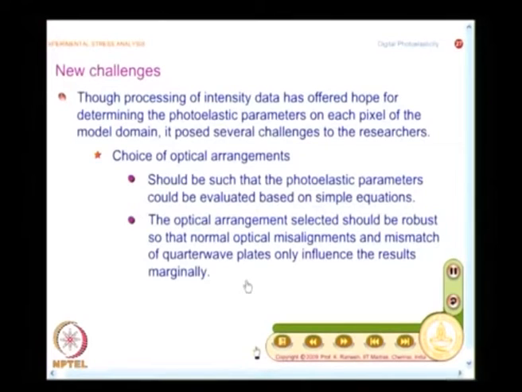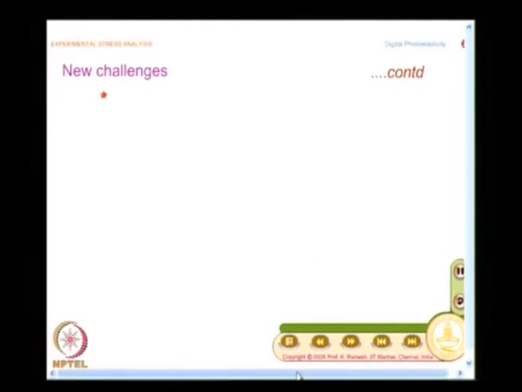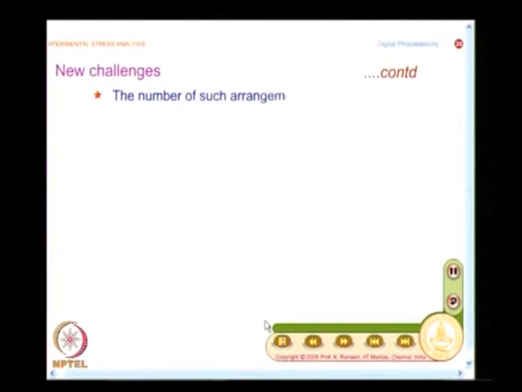The technique has matured. Initially, people looked in all directions to find out what optical arrangement they would have to choose, and they were unconventional. So, they had to develop even new polariscopes which employ this philosophy. Now, what you have here are methods which use a conventional polariscope also.